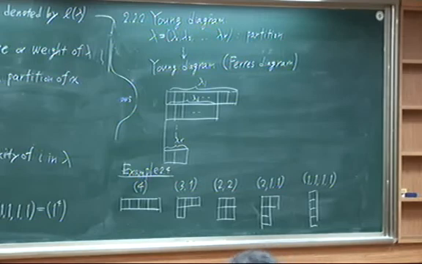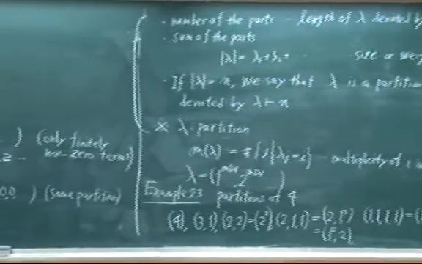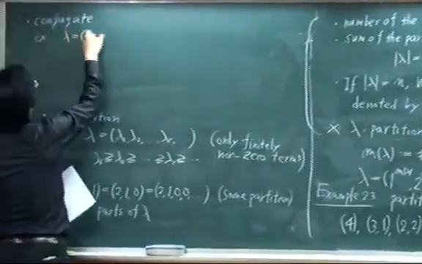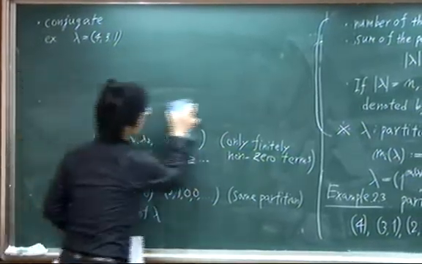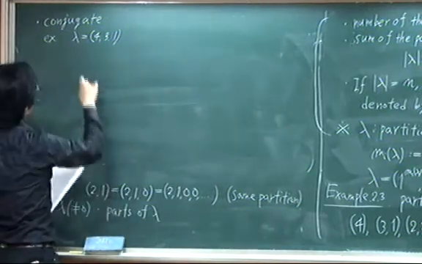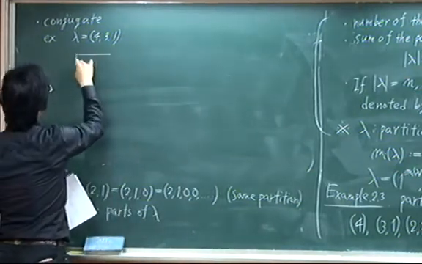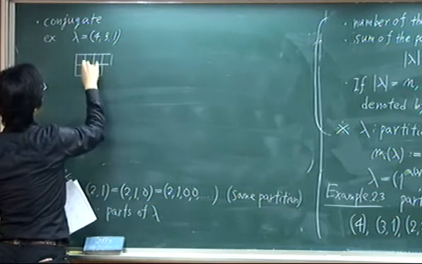And we need some notations. Conjugate partition. I will give you an example: 4, 3, 1.